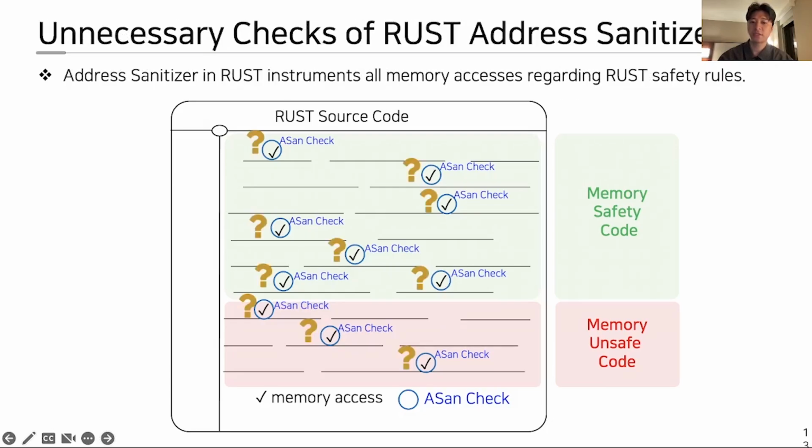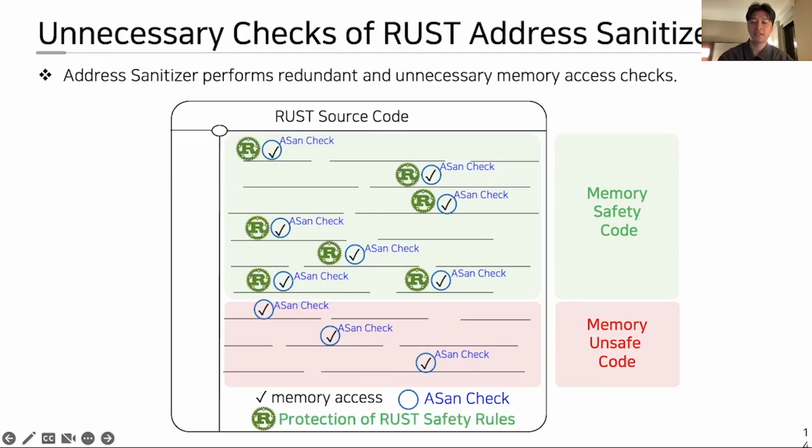This is because Address Sanitizer cannot identify which memory accesses are protected by Rust safety rules. Since many memory accesses are already protected by internal checks, ASan performs redundant and unnecessary memory access checks. It leaves us an opportunity to reduce such unnecessary checks by instrumenting only memory-unsafe code, which is not governed by Rust safety rules.